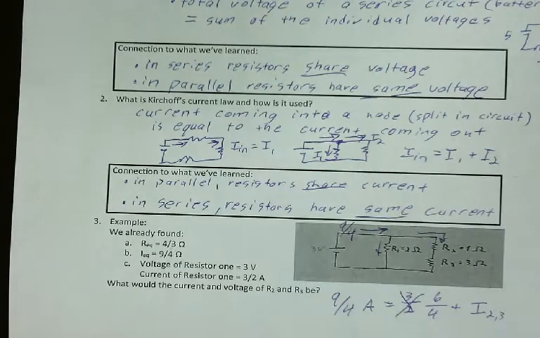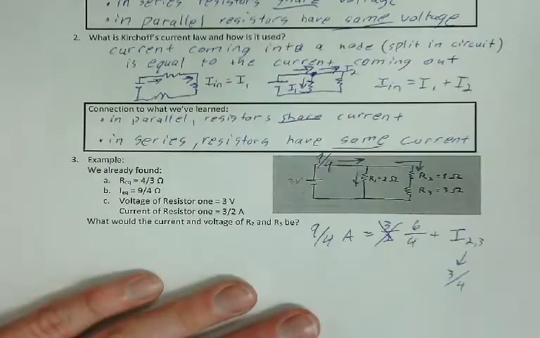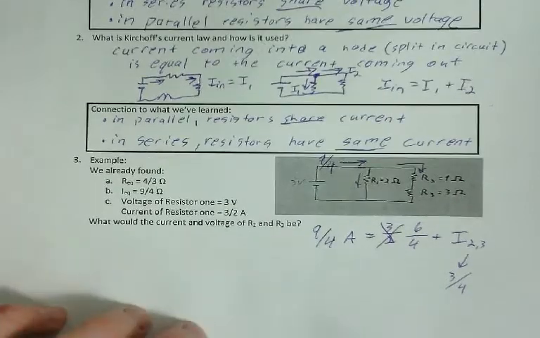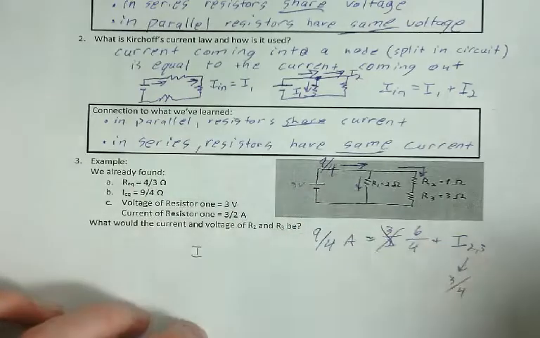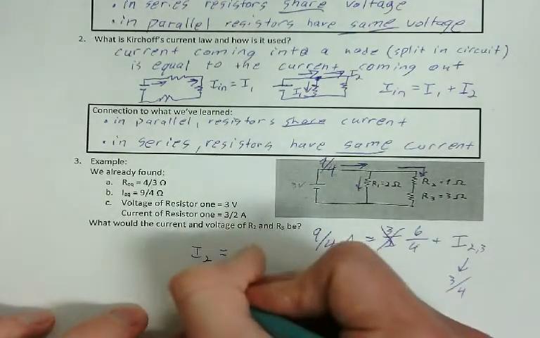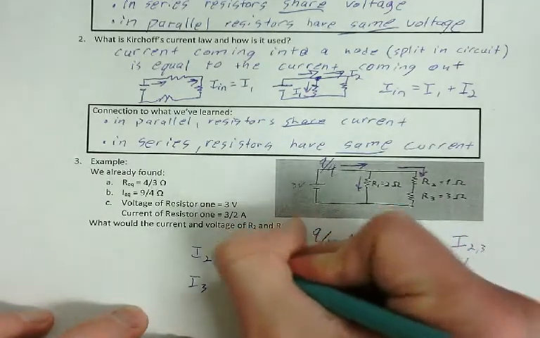So what's left over? Well, if it's 9/4 for the whole thing, if 6/4 is through here, what's left? 3/4. So that's the current through 2 and the current through 3 because they're in series with each other, so they have to have the same value.